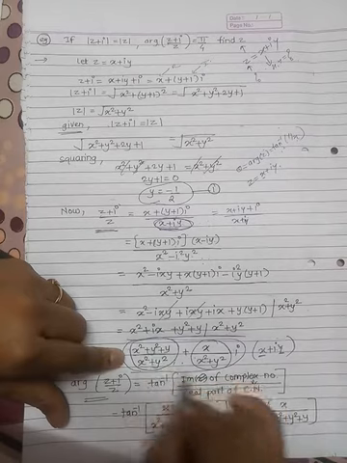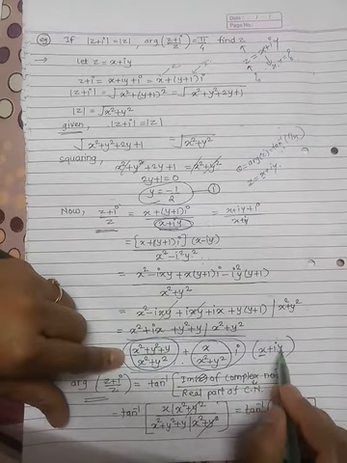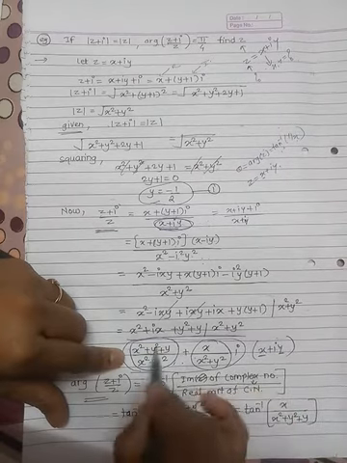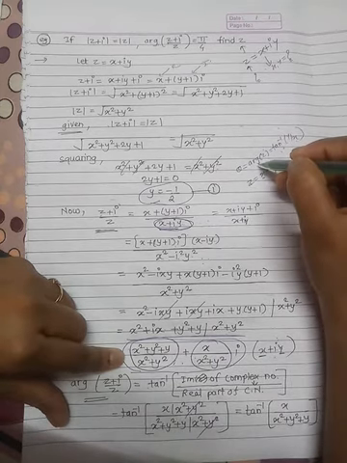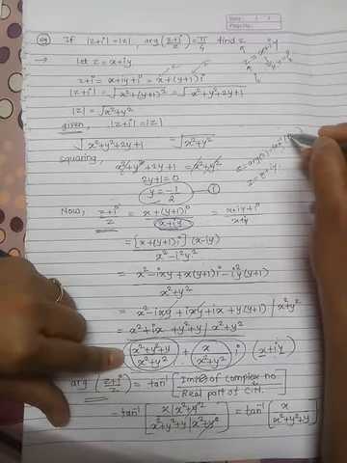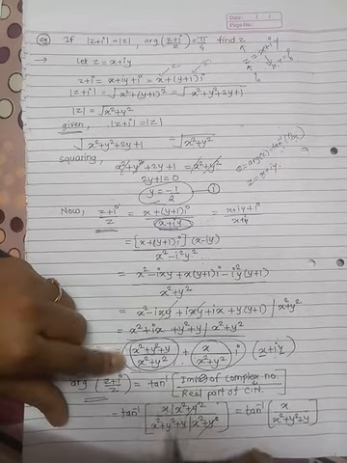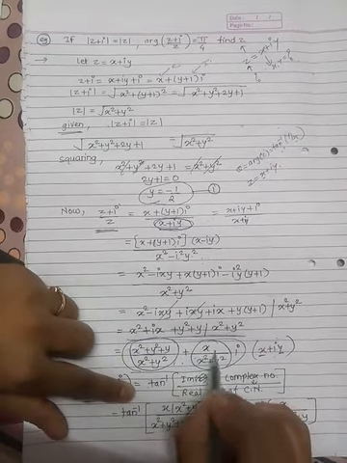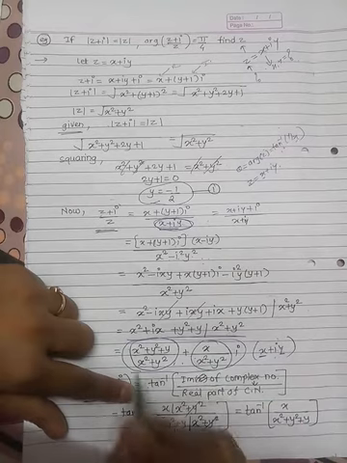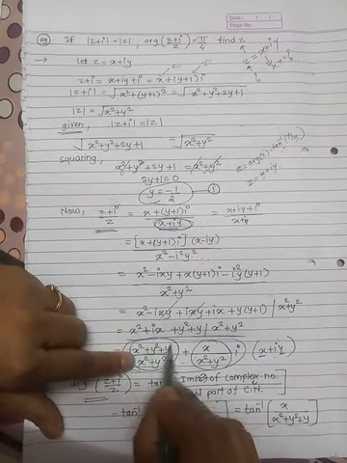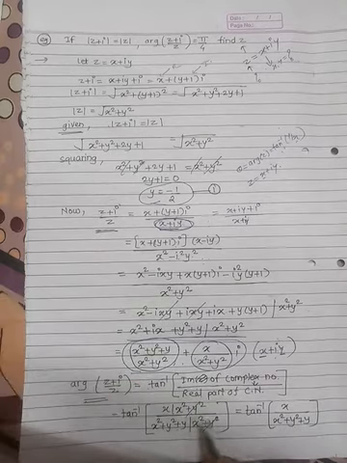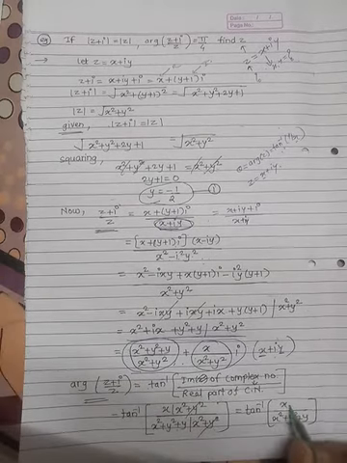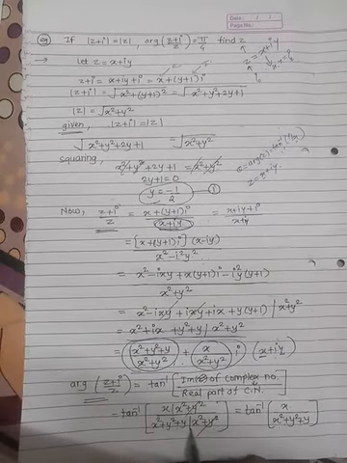If we compare this complex number with x plus iy, we get y equal to this and x is this, because we want y and x to find the argument, tan inverse y by x. So tan inverse of y, that is x upon x square plus y square, upon x, that is x square plus y upon x square plus y square. The denominators are the same, so they get cancelled. So we have tan inverse of x upon x square plus y.